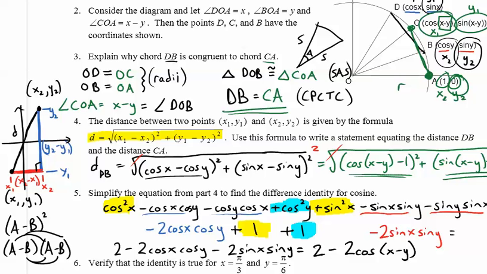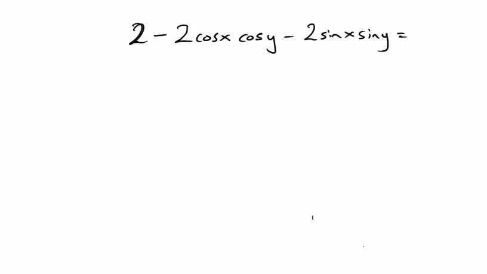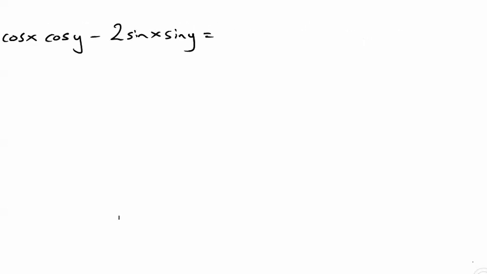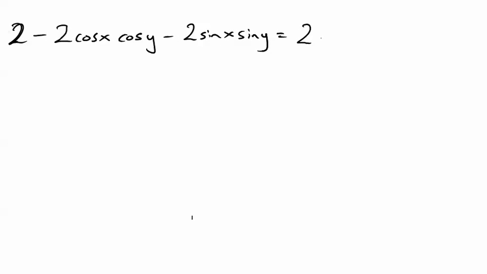So let me just rewrite this on the right-hand side to give some more space. So it's 2 minus 2 cos x cos y minus 2 sine x sine y equals 2 minus 2 cos(x−y).